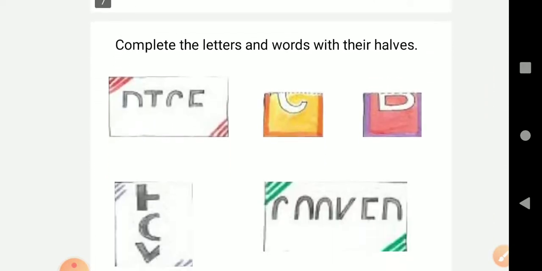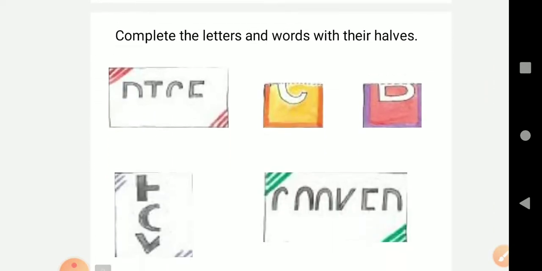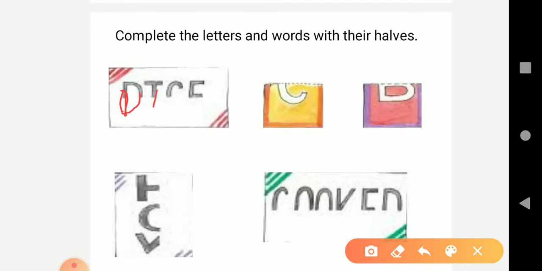Okay, now complete the letters and words with their half. You already learned this in the previous video. Okay, first this is the letter D and I. Okay, dice.